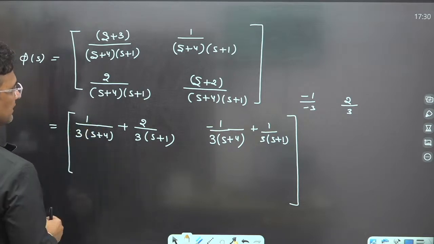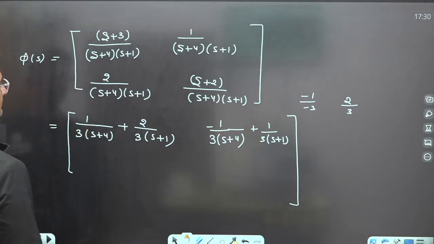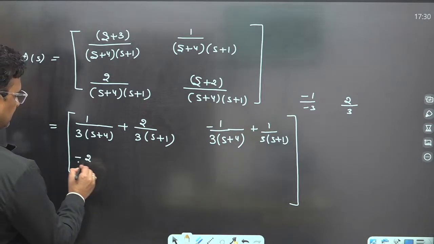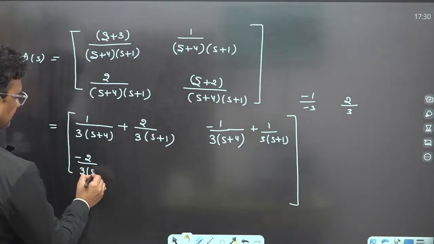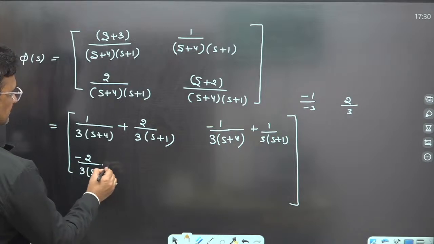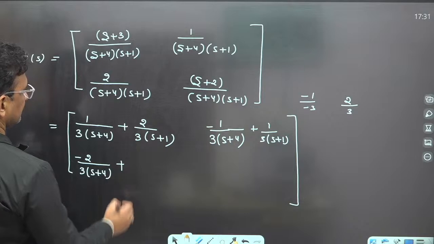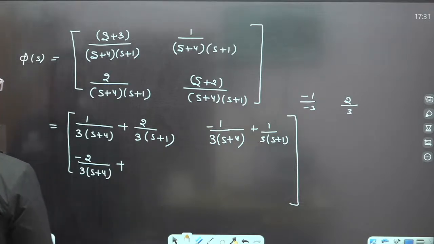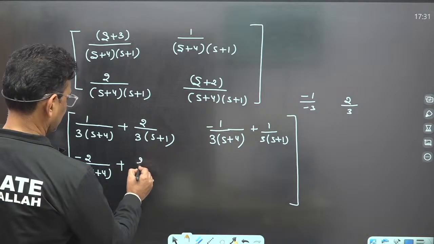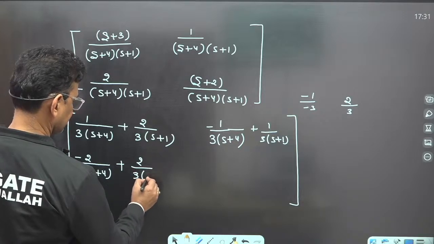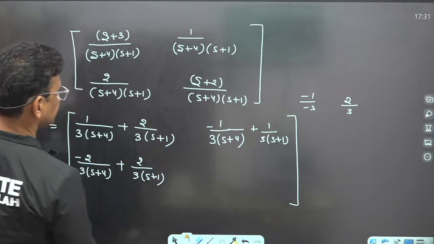Now minus 2 upon 3 (s plus 4), minus 1, 2 by 3 (s plus 1).